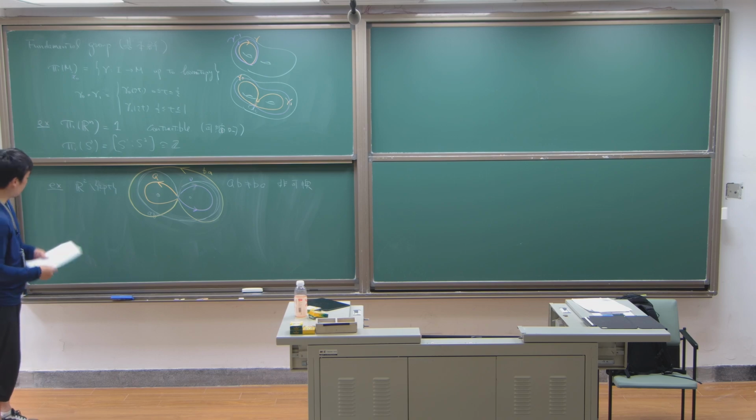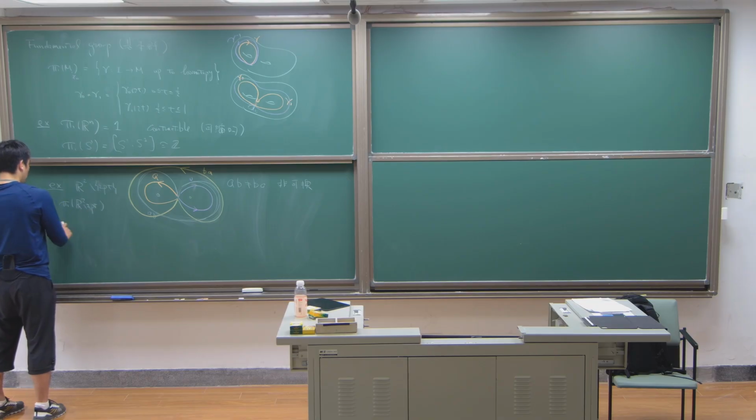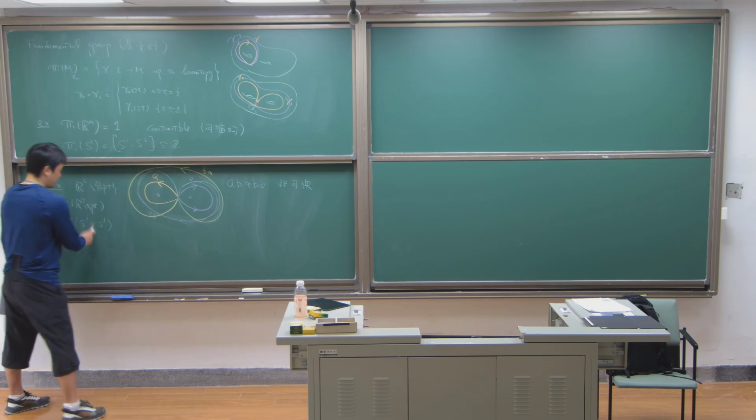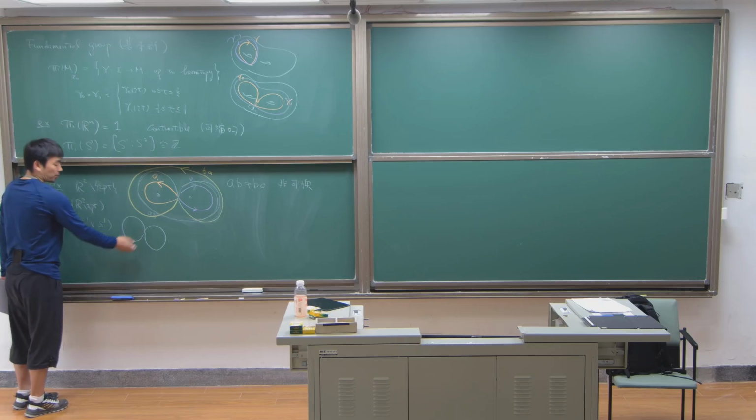And then, another way to show this π1 of the space minus 2 points is like this thing. So S1 is something like this one, and another S1 is something like this one, and then you just glue them at one point.